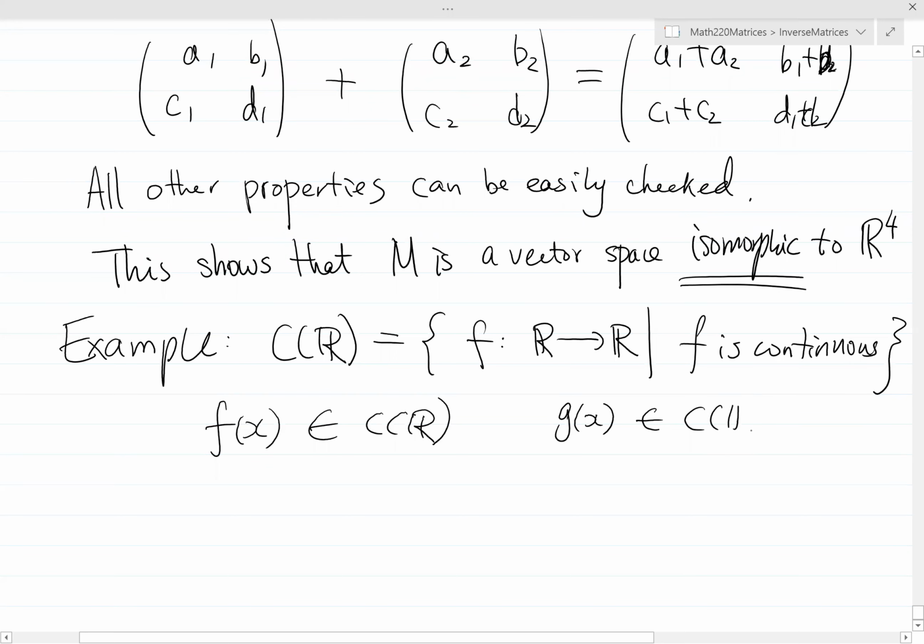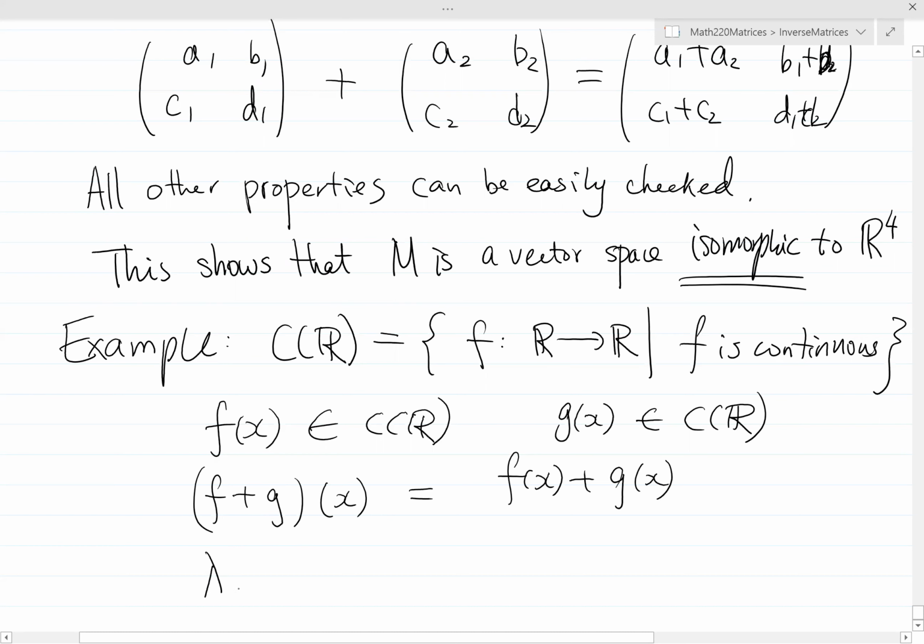The obvious thing: f plus g as a function is (f+g)(x) equals f(x) plus g(x). And for scalar multiplication, the scalar times f at x is the scalar times f(x).